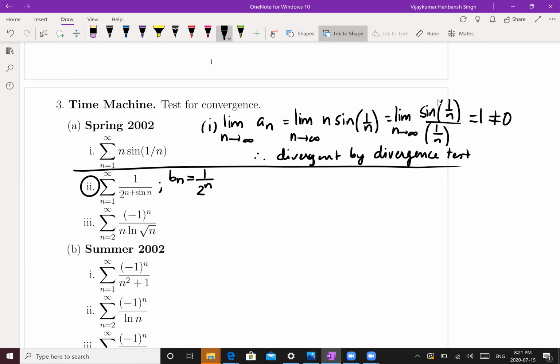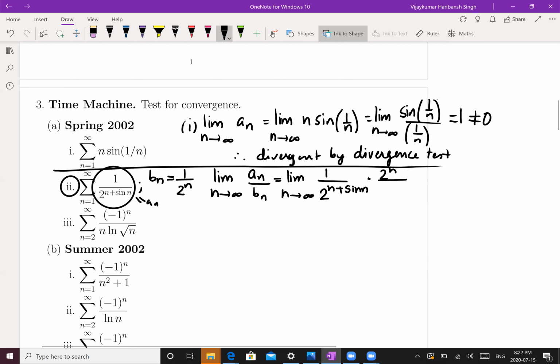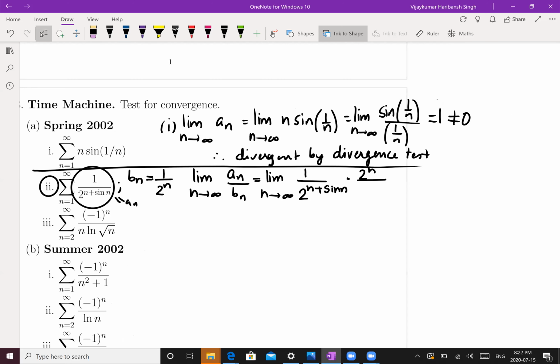Now let's see what the limit as n goes to infinity of an divided by bn is. Here an is 1 by 2 to the power n plus sine n, divided by bn. First of all, note that they are series with positive terms, otherwise you cannot apply the limit comparison test.